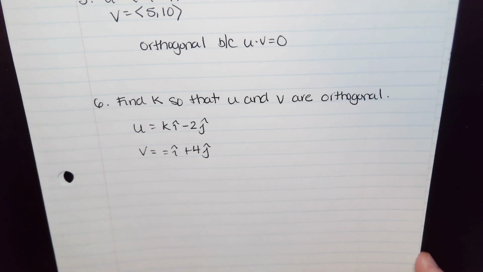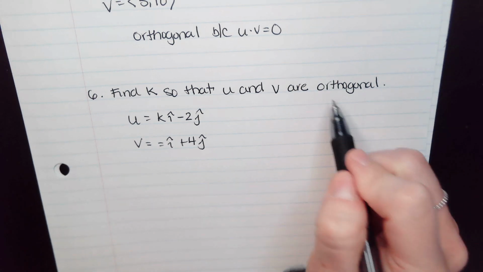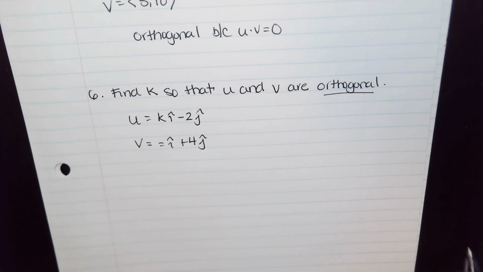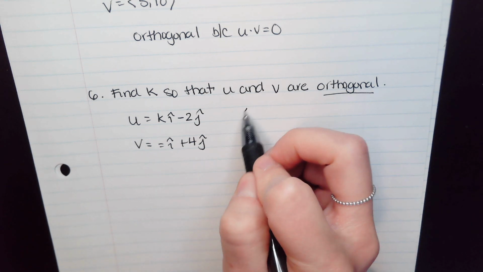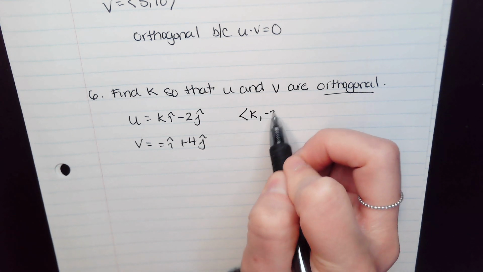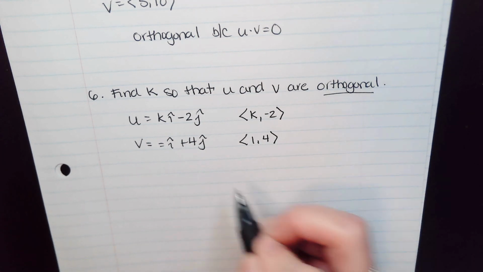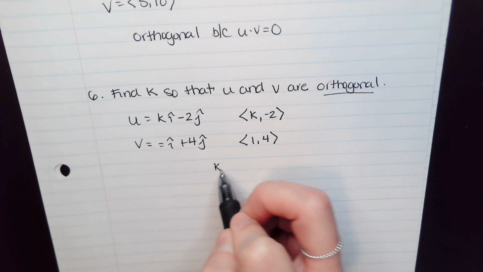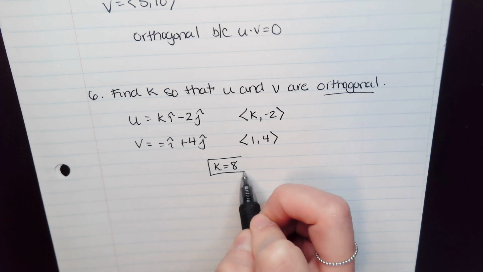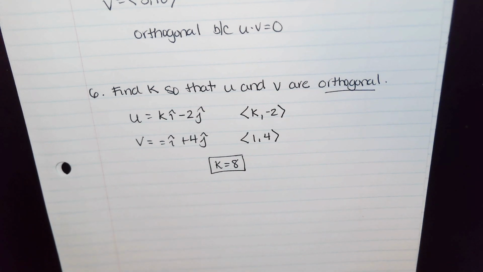Pause the video and find k so that they are orthogonal. Again, you should have found that your dot product is 0. If you needed to rewrite these, this would be k and -2, and this one would have been 1, 4. Find your dot product, set it equal to 0, and k would equal 8.